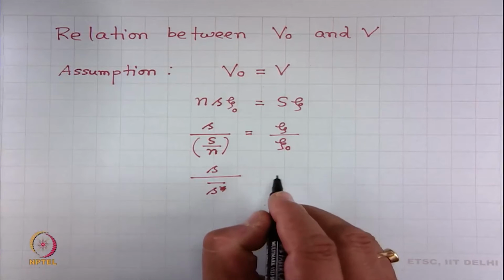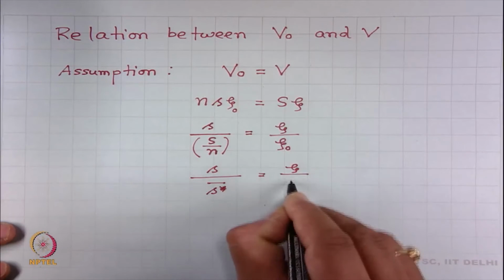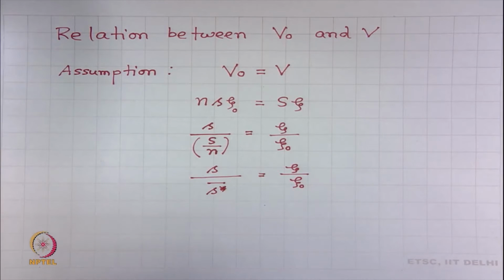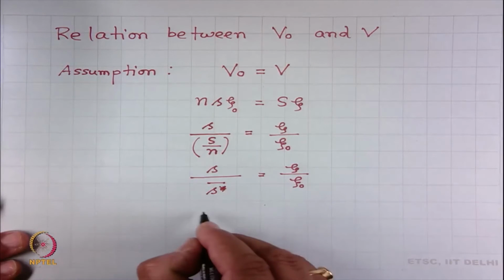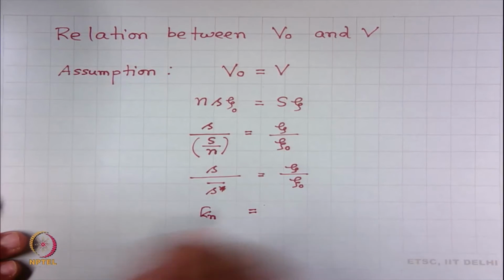So, this is equal to this, right. And what is this expression? S by A star bar. This is coefficient K n. All we discussed in module 2, module 3.